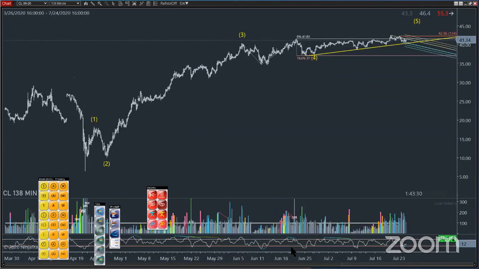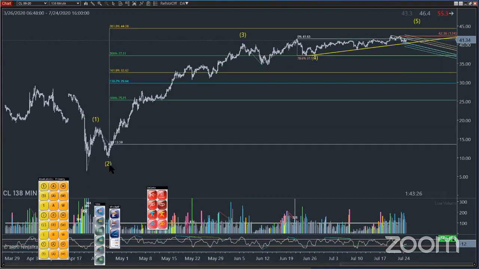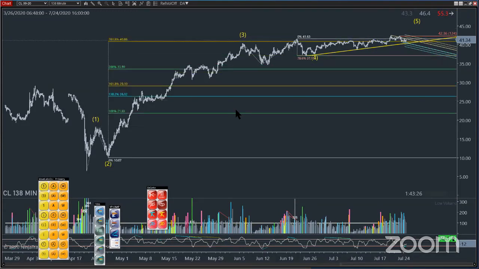Let me just assume that the third wave is not done yet. Now I'd say it's done. That's the 261.8. Yeah, it's pretty well done.